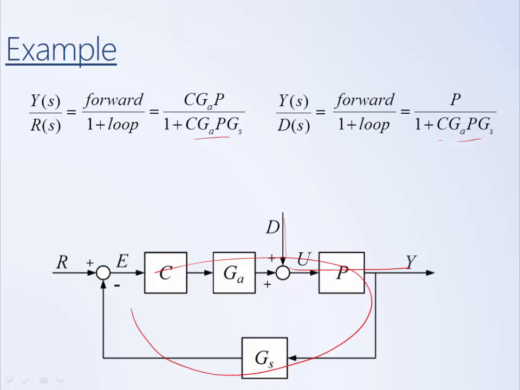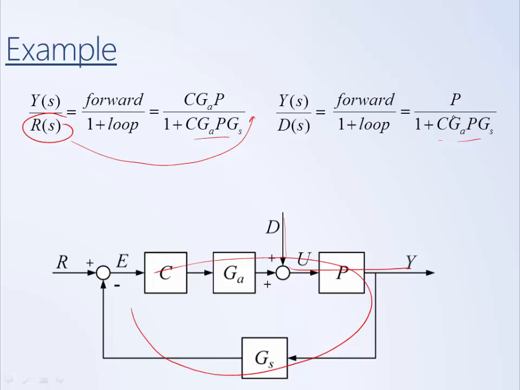But now the question is, if this is how the system responds to R and this is how the system responds to D, how does this system respond to both simultaneously? So if we were looking at R all by itself, the output would simply be the transfer function times the input.